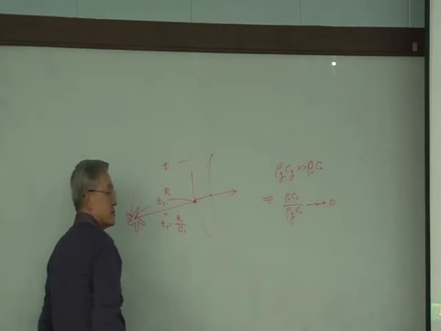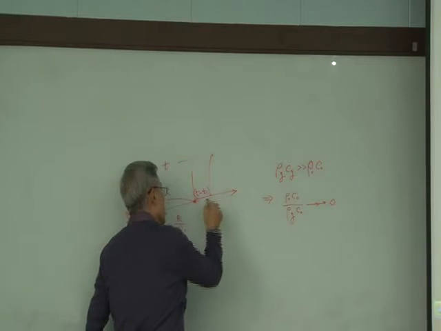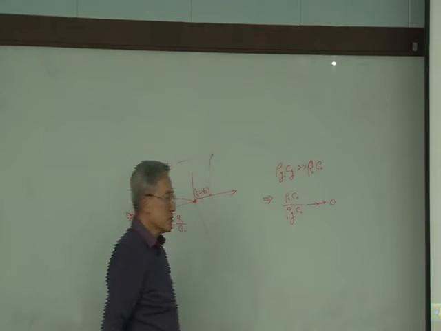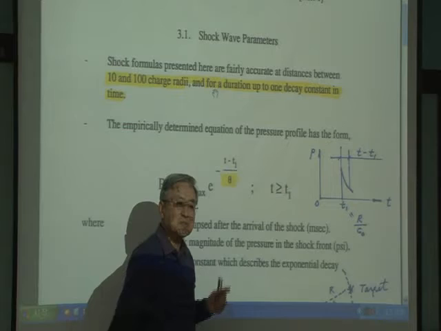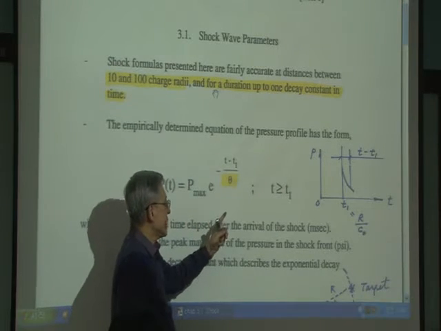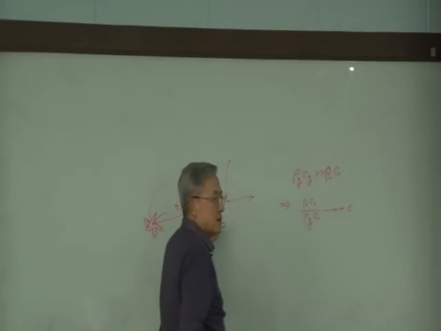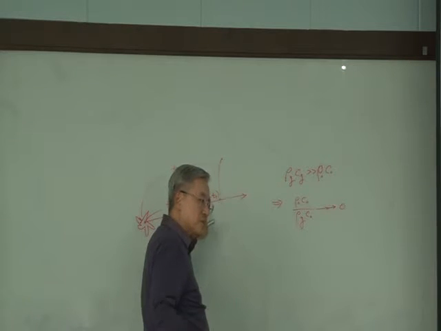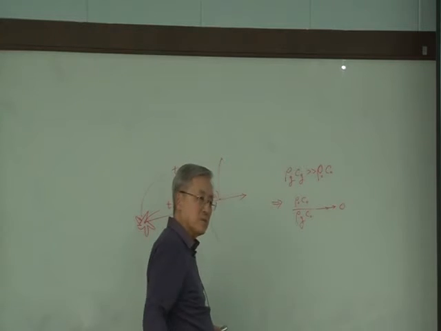So you have to subtract the time T1 to get the time after the shock wave hits the target. That's reference 0. So sometimes people use this T minus T1 simply as T. Okay, the reference time is the time that the shock wave hits the target right here. So start counting from here. That's fine, because our interest is what happened after the shock wave hit the target. You follow me?